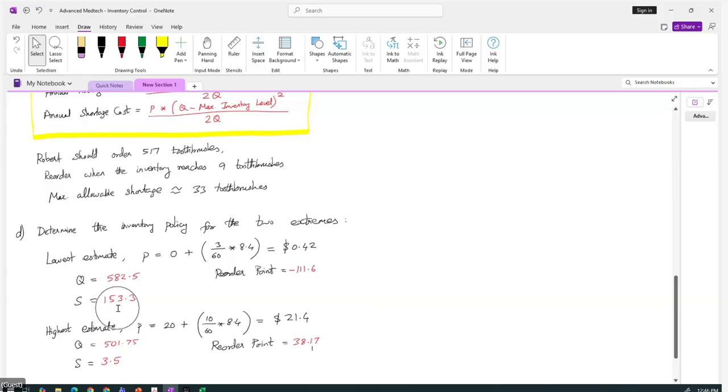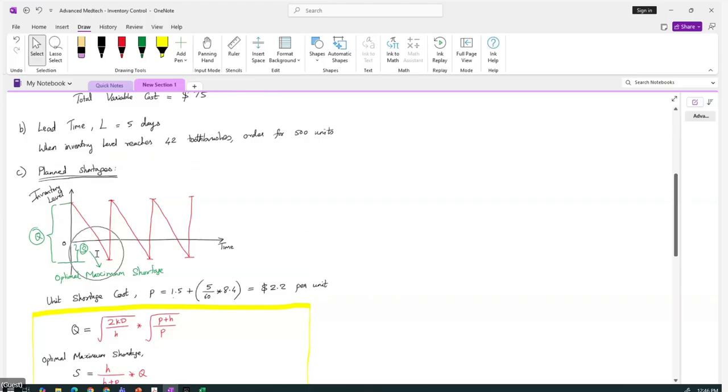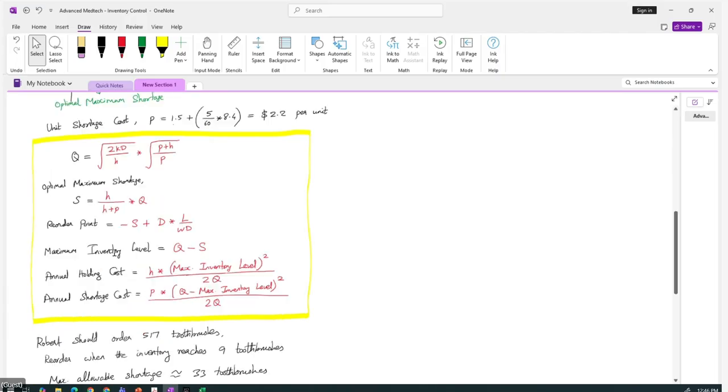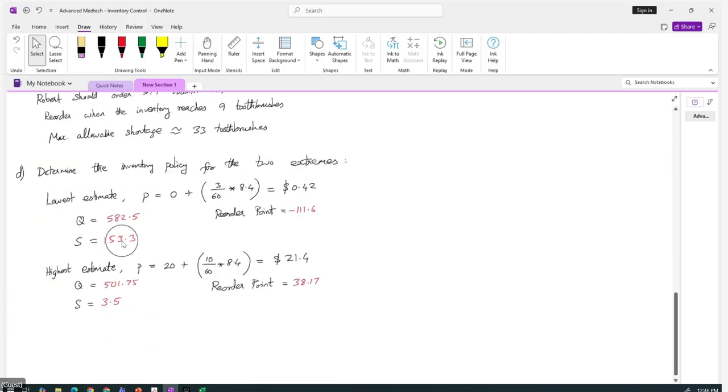S is the maximum shortage that I can allow. That is how much quantity I can allow for negative, right? Or in other words, I can say no to even 153 customers, right? Why is that? It is because the shortage cost per unit is less.